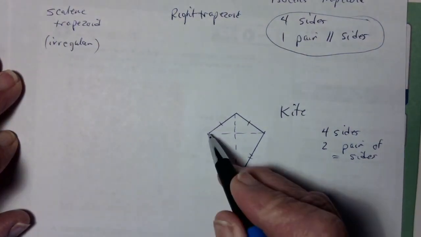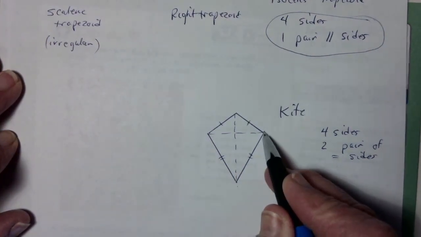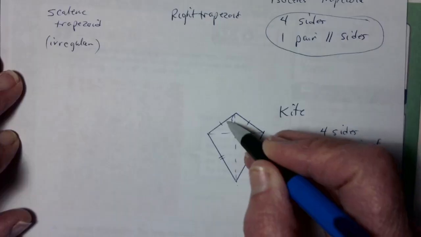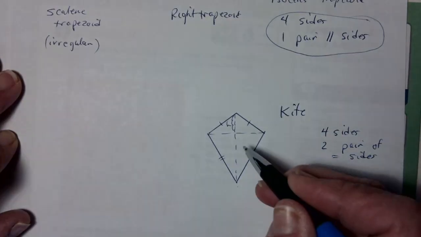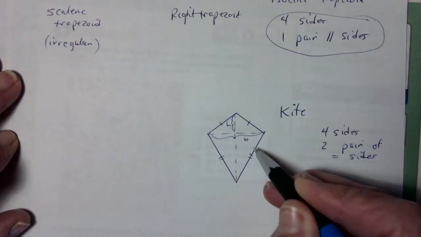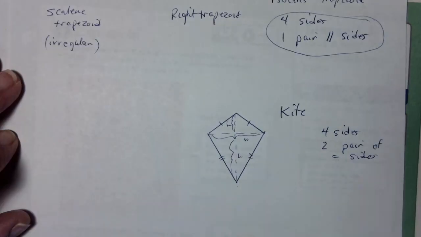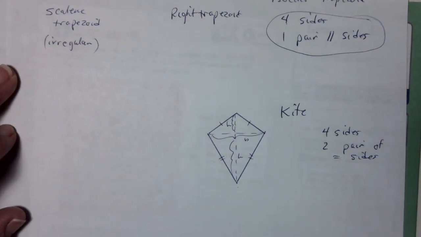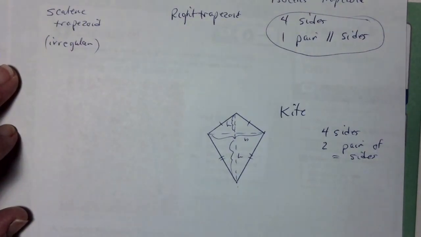Okay? So this little dotted line across here will be my base, and then that will be the height of the little triangle, and this is still my base, and then this will be the height of the other triangle. And that's how we're going to split these apart to find areas.